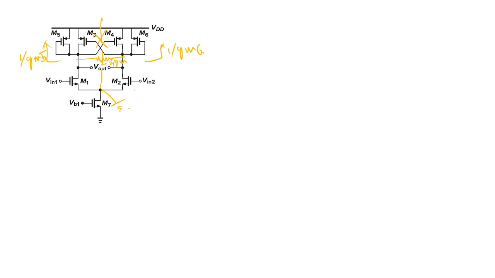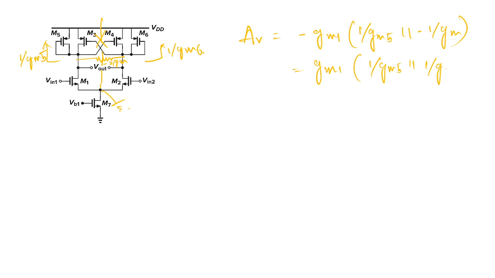I think you can easily solve it. So here the differential gain will be minus Gm1 into 1 by Gm5 in parallel with minus 1 by Gm. So Gm1 into 1 by Gm5 parallel 1 by Gm. So this is the final answer.